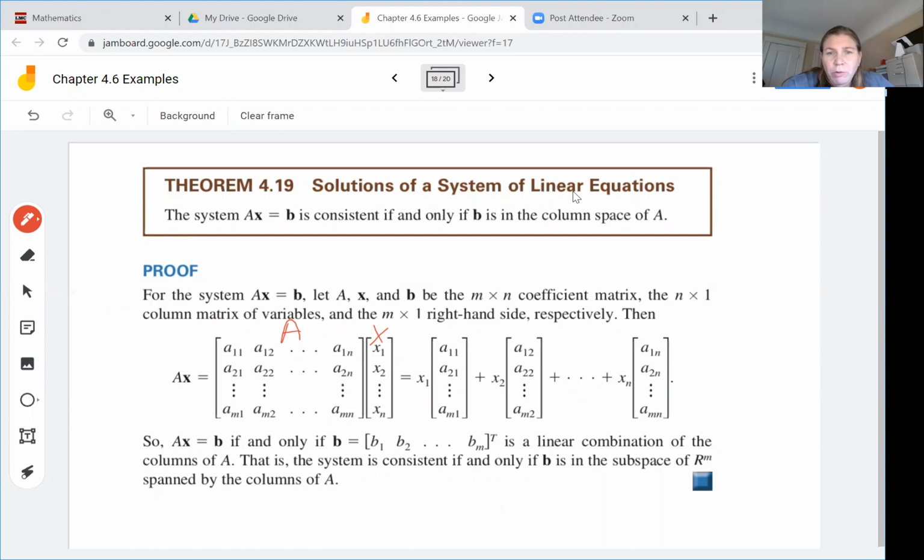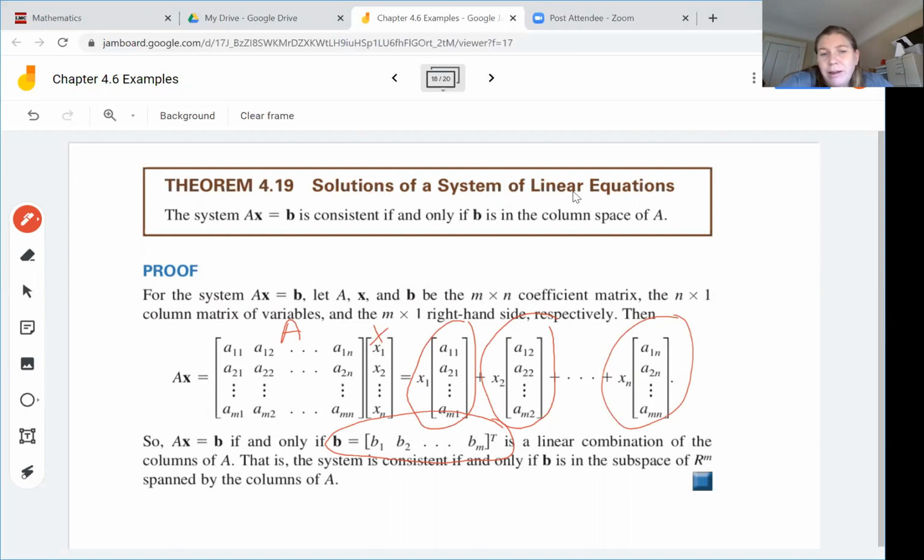If we multiply through, we've got x1 times the column vector a11 through am1, and x2 times the column vector a12 through am2, all the way through xn times the column vector a1n through amn. So Ax is going to equal b if and only if the vector b, which is (b1 through bm) transpose, is a linear combination of the columns of A.